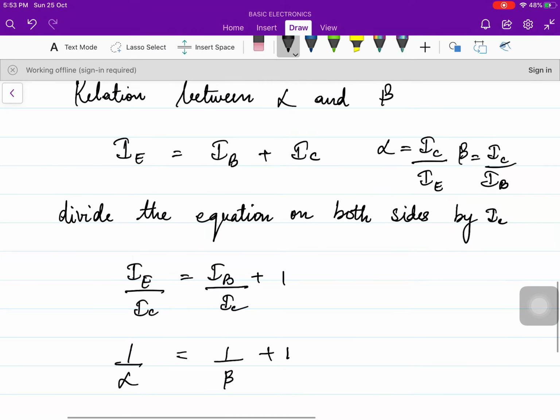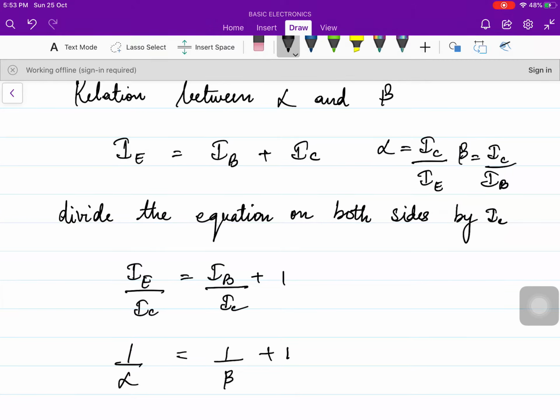So what is the strategy in order to derive the relationship between alpha and beta? First of all, write down the very basic equation of this unit, that is the transistor current equation. Then write both the formulas of the parameters between which you have to derive the relationship. Then see which of the currents is common and divide the equation by that particular current.